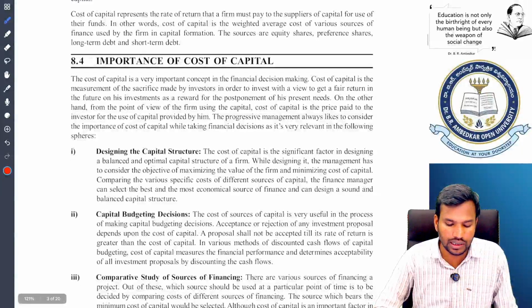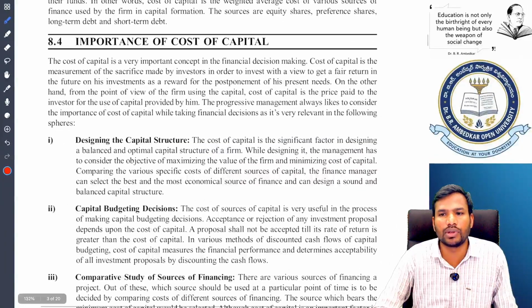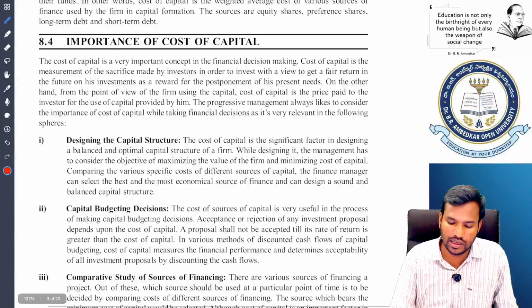Next, importance of cost of capital. With one example we can easily understand the concept of cost of capital.